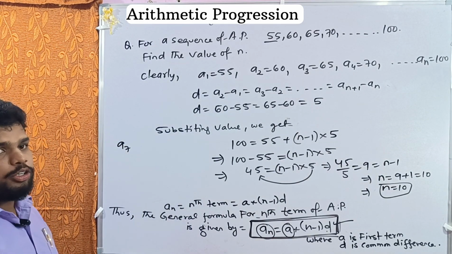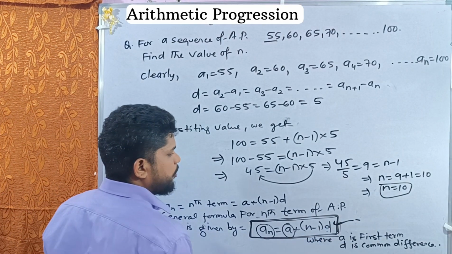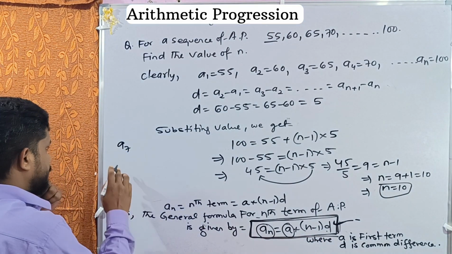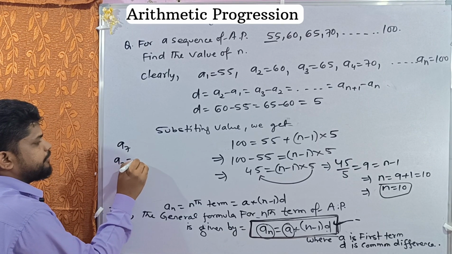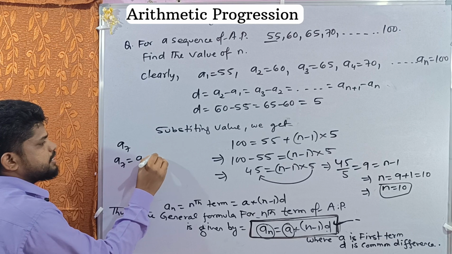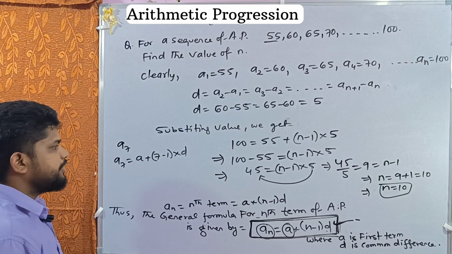In order to find the 7th term, we will again use the nth term formula. So a7 will be the first term plus 7 minus 1 into the common difference d.